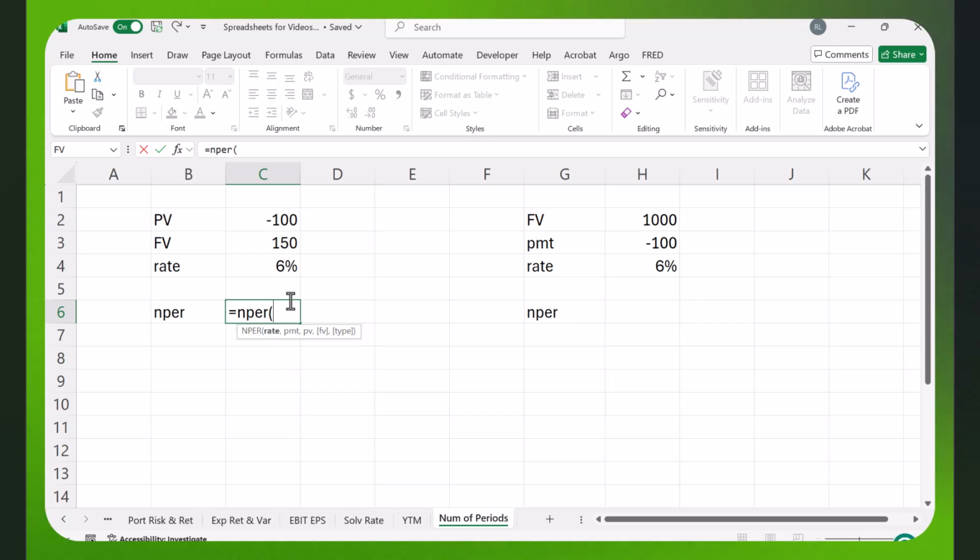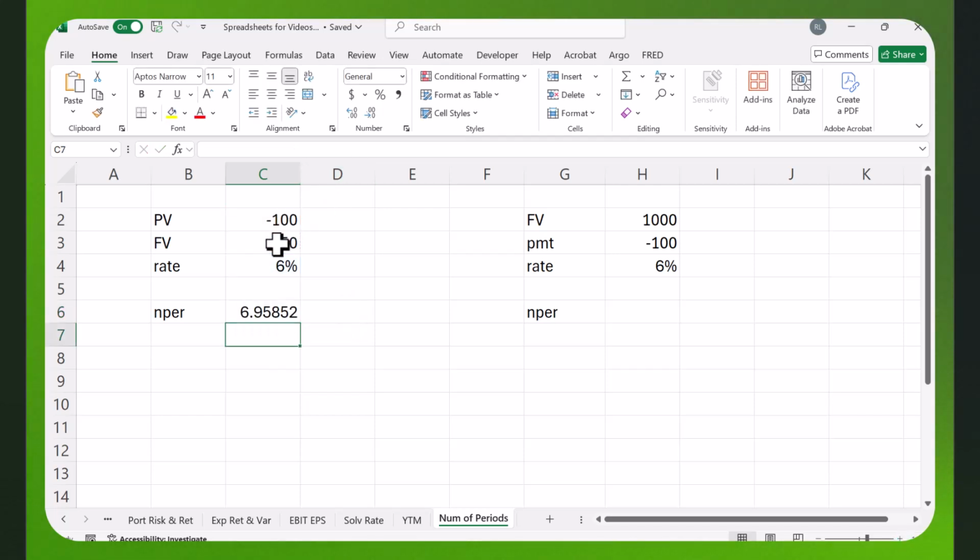It says rate, and then I put a comma. It asks for PMT. In this example, I don't have a PMT, so I put 0 in. It asks for the present value, comma, and then the future value, and I close the parenthesis, and I get 6.958, or 6.96.